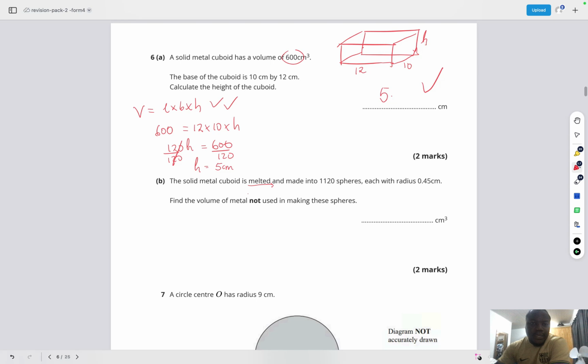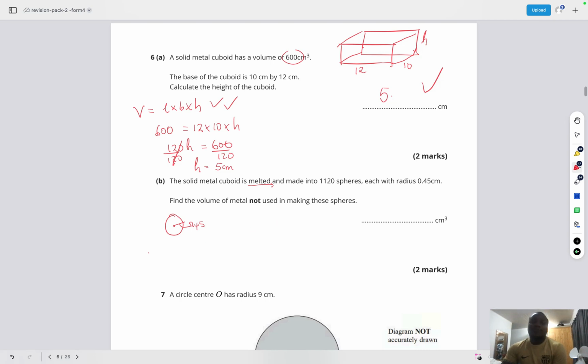Now on the second part, they say the same cuboid is melted and made into 1,120 spheres, each with radius 0.45 centimeters. So we're going to write a sphere, each with radius 0.45. They say find the volume of metal not used in making these spheres.